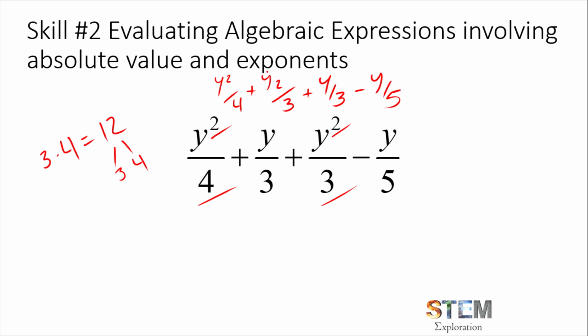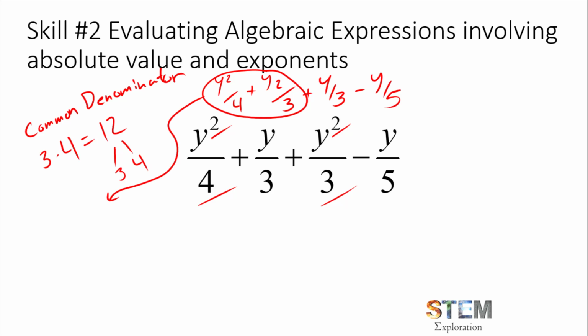And I'm going to do this half first, because that is where I found a common denominator. So let's bring this down here, and I'm just going to look at this one half at a time.